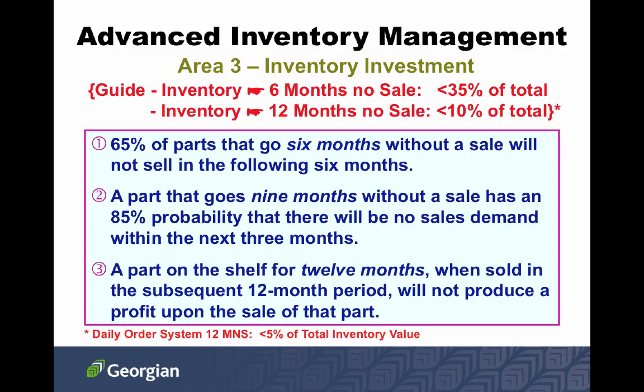Okay, now when we talk about absolutely obsolete down here, why can't I make any money? Well, we've said that anything that sits on the shelf for 12 months has accumulated a holding cost equal to 30% of the value of the part.